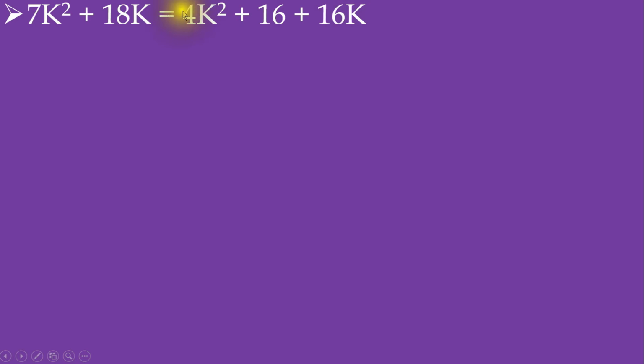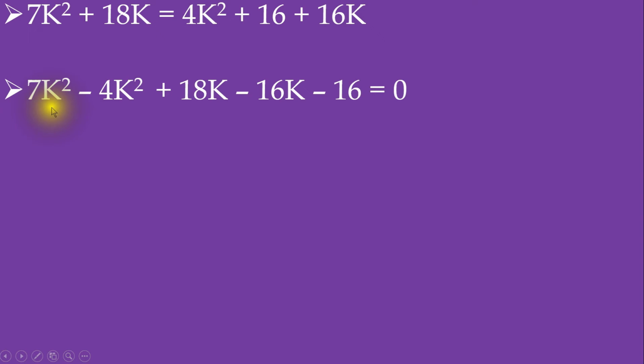Now move all the terms in the RHS to LHS. We get 7k square minus 4k square plus 18k minus 16k minus 16 is equal to 0. Here 7k square minus 4k square is 3k square and 18k minus 16k is 2k. So the next step will be 3k square plus 2k minus 16 is equal to 0.